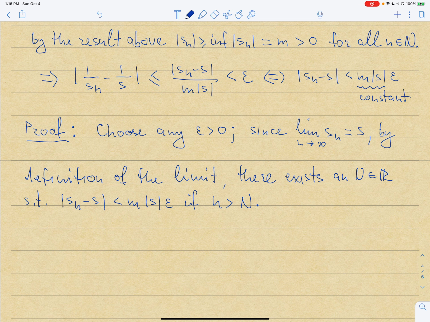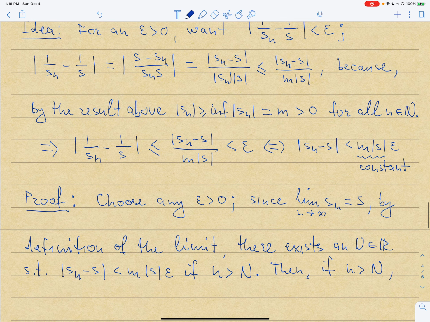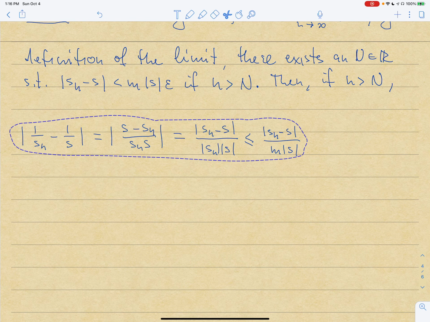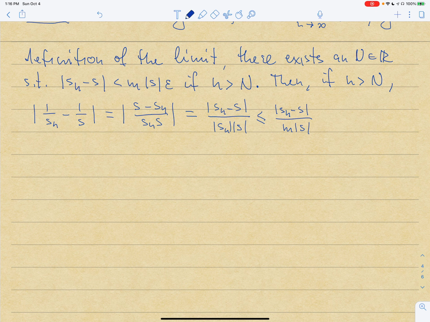Okay, so if that is the case, if n is greater than capital N, we just have exactly this chain of inequalities. So copy. And this is less than, since |Sn − S| is less than m|S| times epsilon, we divide this by m times |S|.